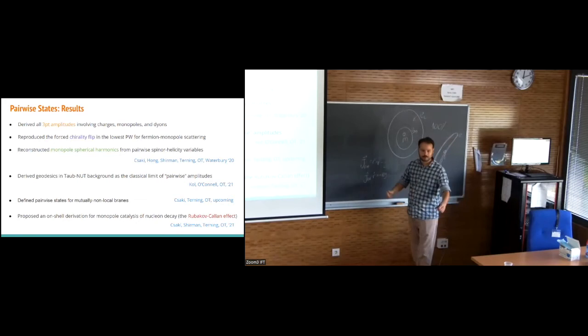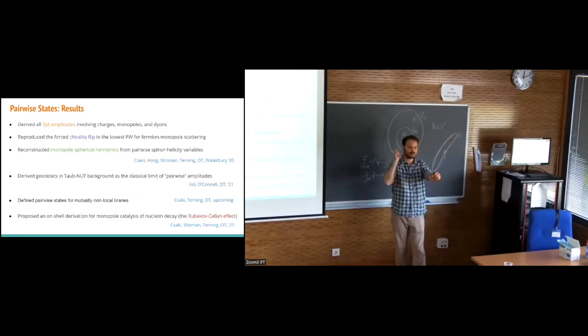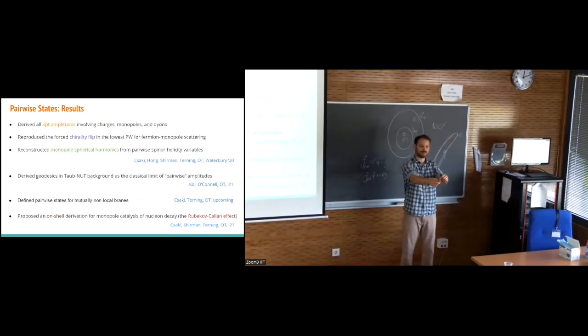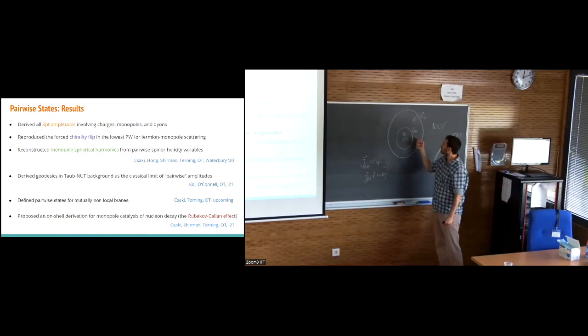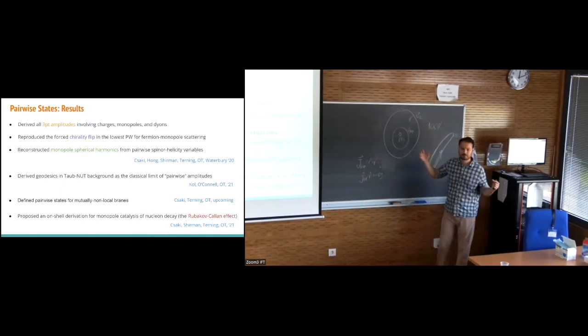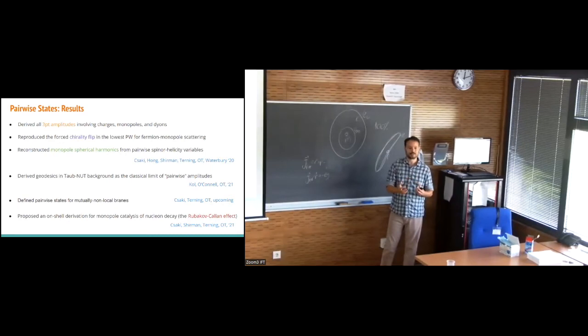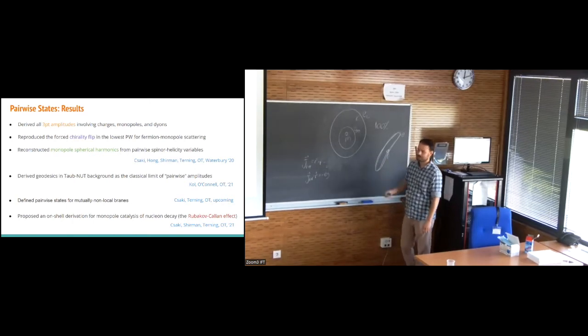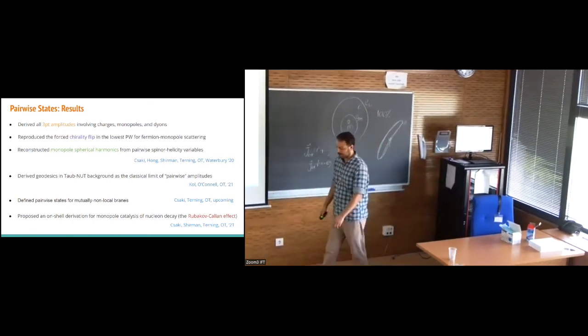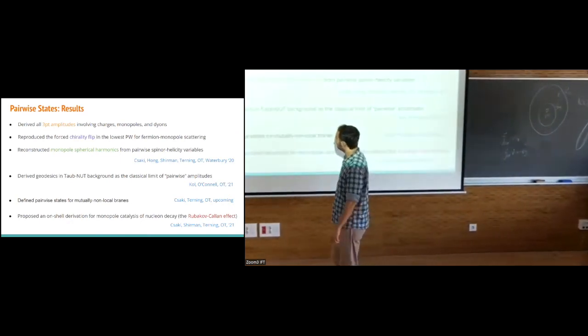Usually when I have scattering, let's say I shoot a proton on something, most of the odds is that the proton is going to stay a proton. In this surprising process, if I'm in the S-wave and I start with a left-handed fermion, it's not allowed to stay what it was before the scattering. It has to undergo chirality flip as demanded by our modified selection rules. So we were able to derive this effect.